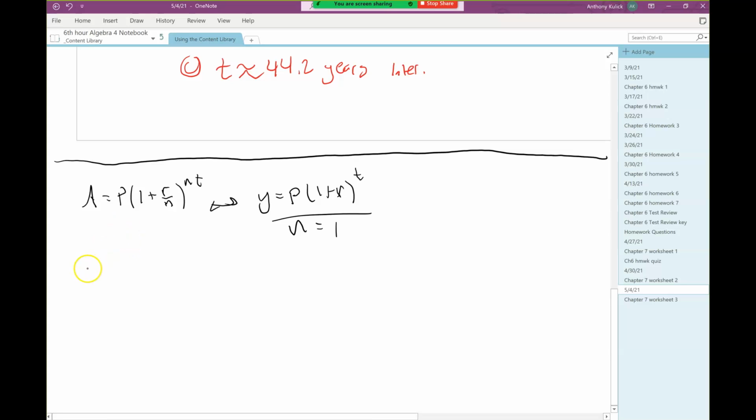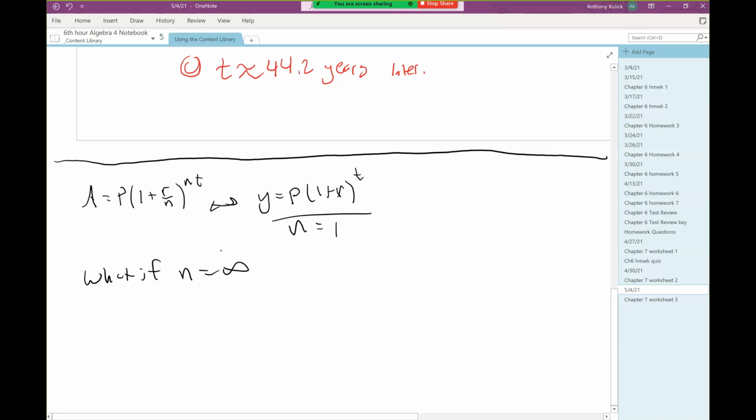We're interested in what if that number of compounds is infinite? That's what we're kind of interested in, because it really describes a lot of systems, right? Most real life, biological or physical systems, the change isn't happening just in increments every once in a while.